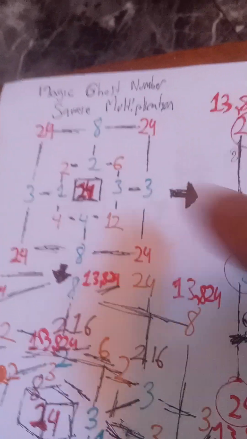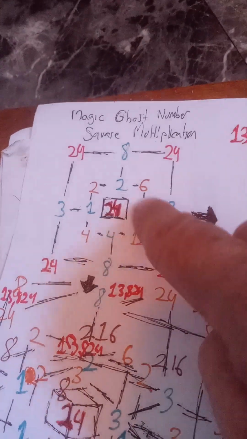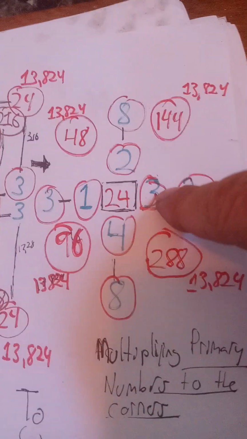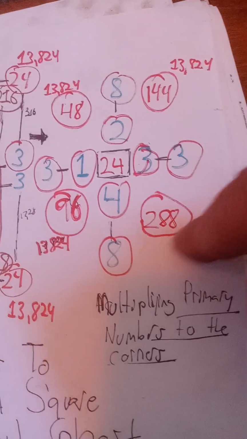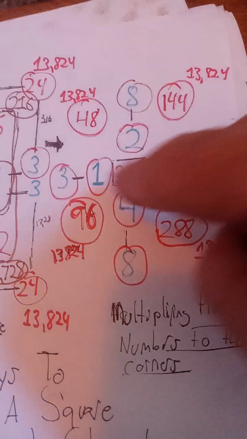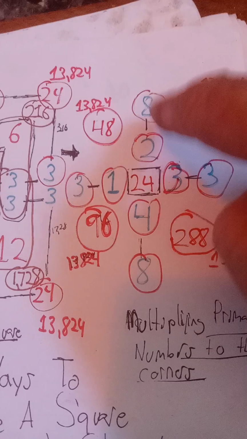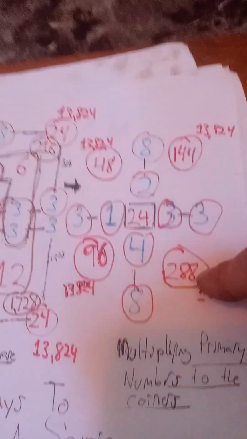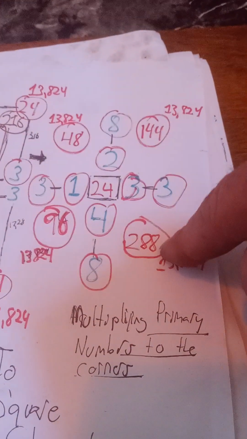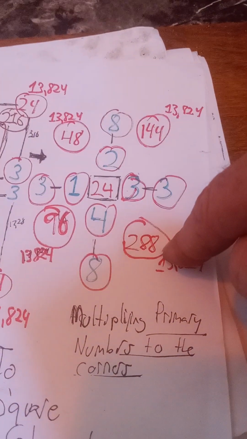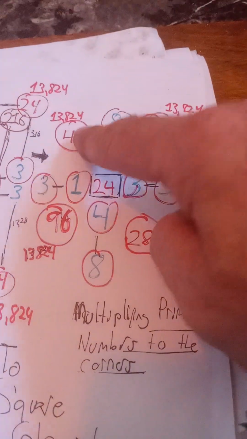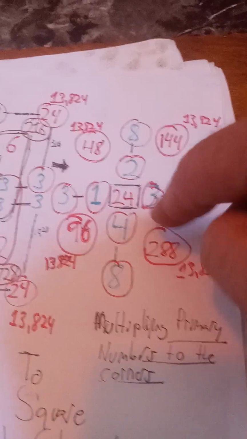That's just doing the simple primary numbers, the inner and the outer primary numbers. 3 times 3 times 4 times 8 is 288. 1 times 3 times 2 times 8 is 48. You multiply 48 and 288 and it's 13,824 on both sides. And 24 is in the middle.